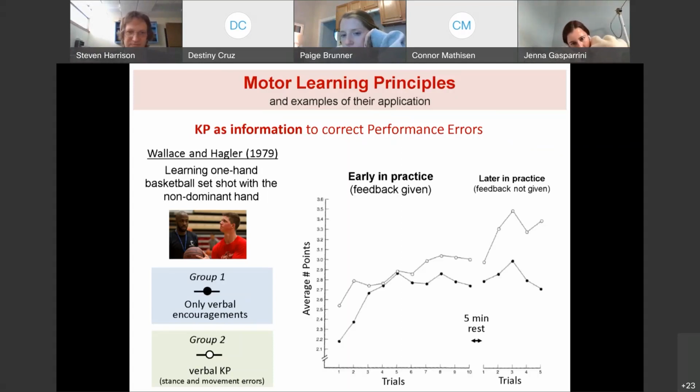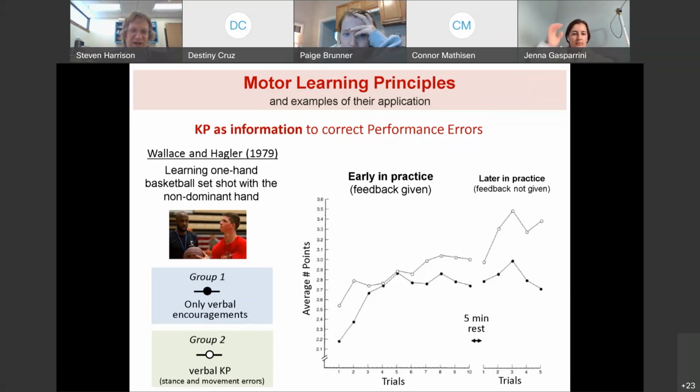Okay, so here's the type of graph that we're going to see multiple times in this part of the class. We've got the outcome measure on the y-axis, here the average number of points. So the higher up you are on the y-axis, the more skilled you're being.